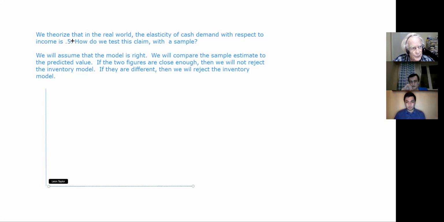But in other cases, it should be pretty close to 0.5. Okay, so here is, sorry about my shaky artistry, the distribution for the coefficient in cash demand. If the model is correct, then the average value of this distribution should be about 0.5, right there.